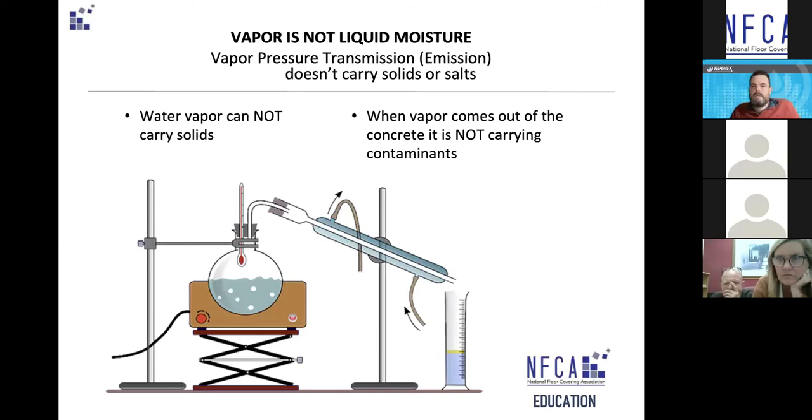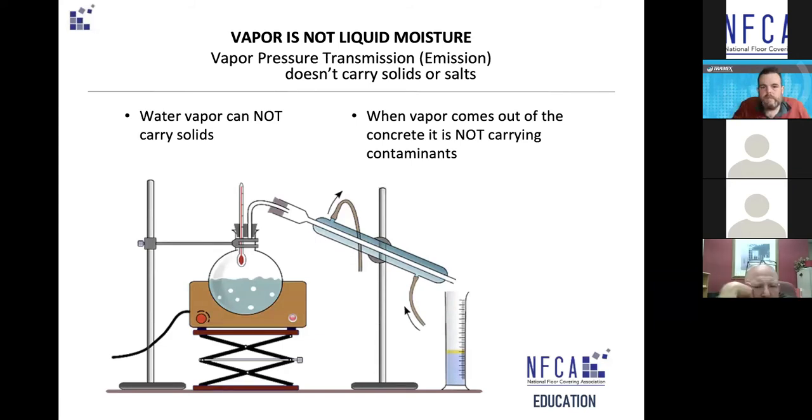And it's important to know that it's incorrect because vapor pressure is tiny when compared to the bond strength of any modern adhesive. Similarly, hydrostatic pressure is also tiny compared to the bond strength, so the idea that it's vapor or hydrostatic pressure that's creating blistering or other damage in floors is mistaken.